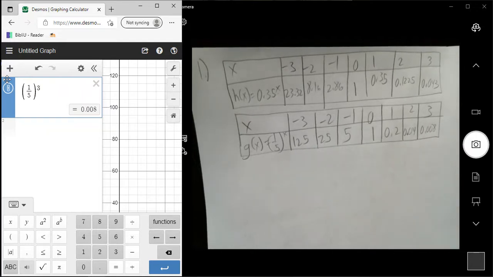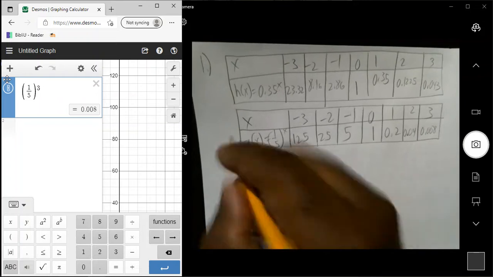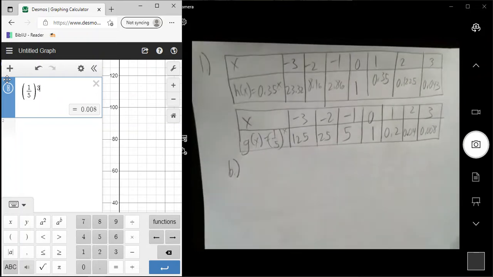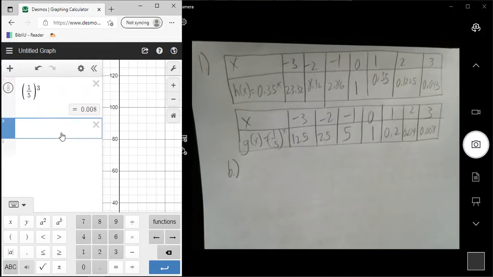Okay, now we go here to B. It says sketch graphs of H and G on the following grid. Okay, listen. When they tell you to sketch the graph, they're asking you just to sketch it, not necessarily to do exact points. So you could just basically do a sketch, but I'm going to show this to you on basically Desmos.